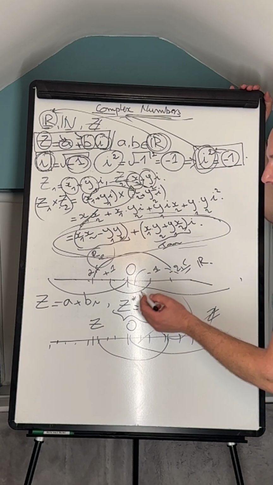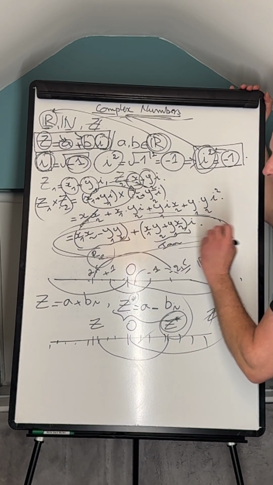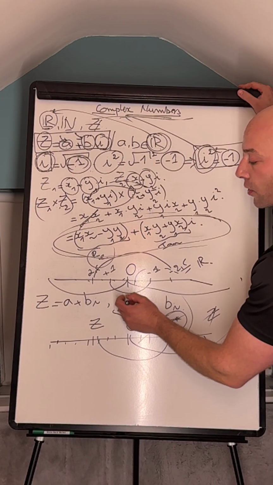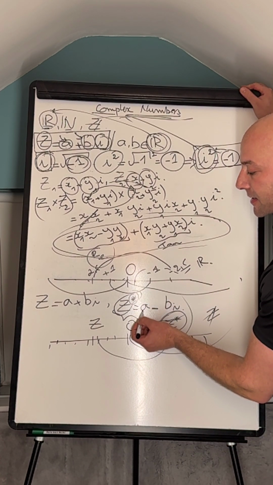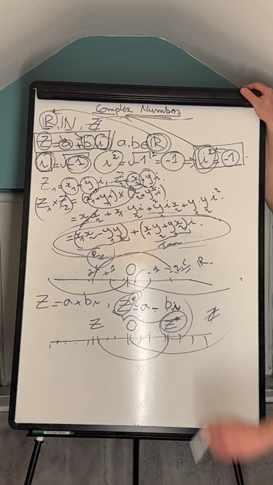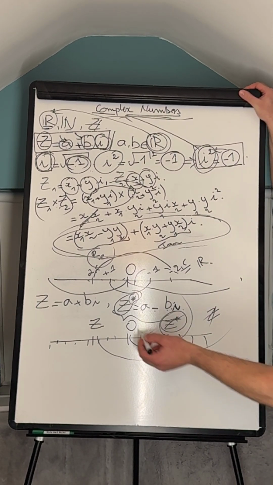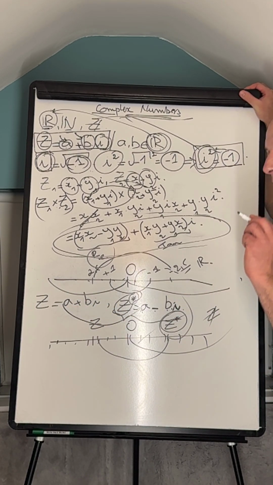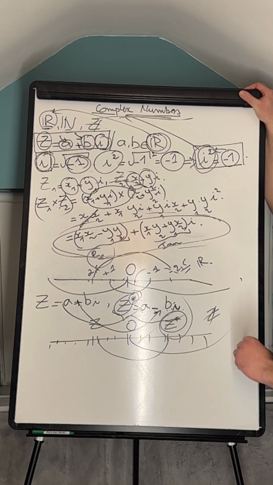We write it as z star, because with this star we can show that this is the conjugate. How can we write this? Again, it's a minus b times i. You have to be really careful, because the real number remains the same, but the imaginary number changes from plus b to minus b.